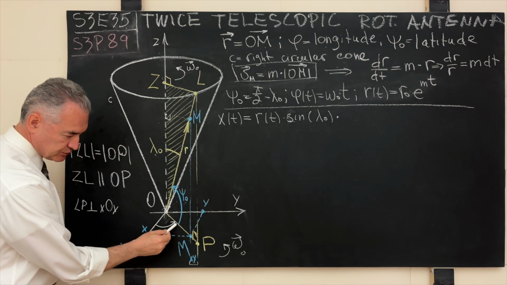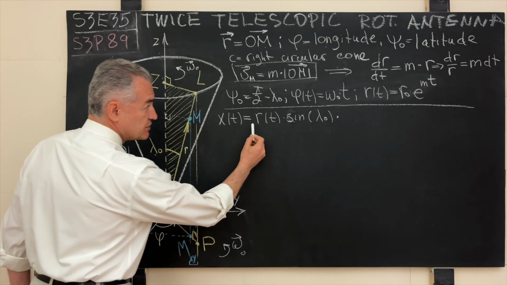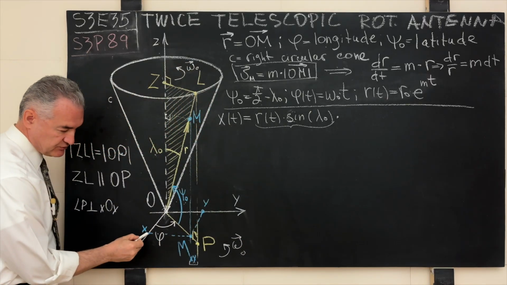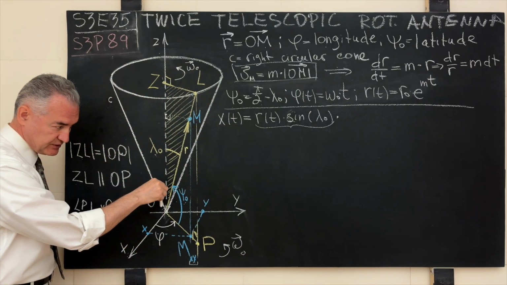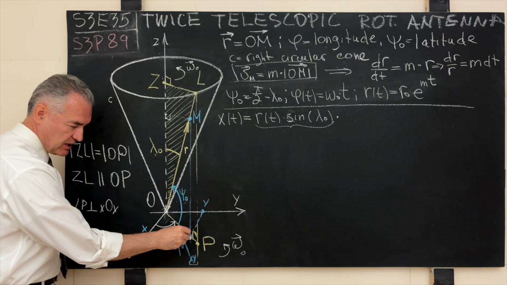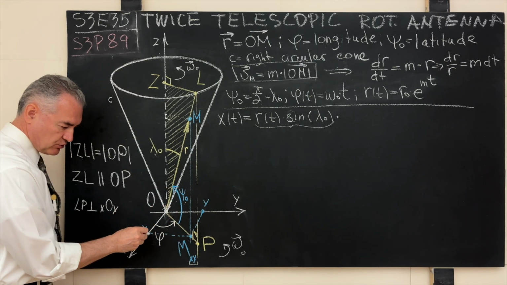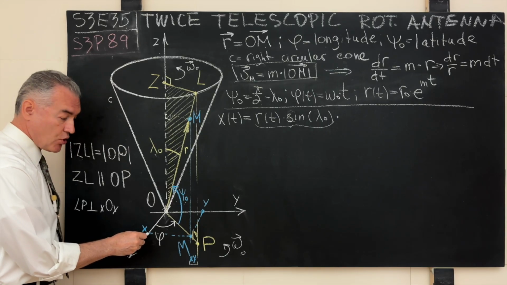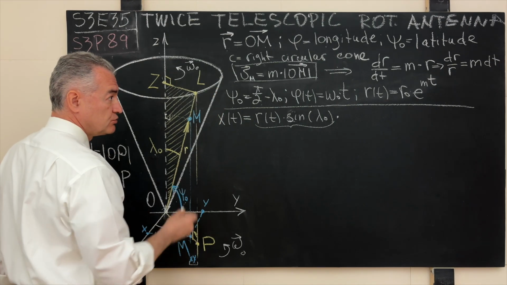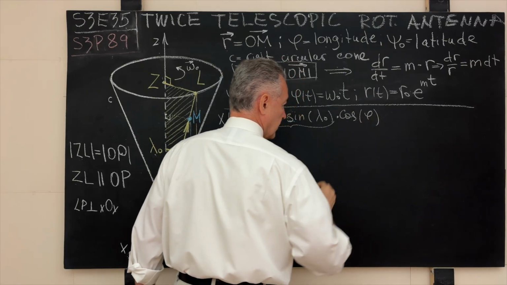For the x coordinate, we also need to multiply the length of the line segment OM_xy, which is this magnitude right here, times what? If you look down onto this coordinate system, this will be our favorite x, y coordinate system. And here, the point, let's say M_xy, rotates counterclockwise about the origin. So what is the value of the coordinate x? Times the cosine of the dihedral angle phi, or the longitude of the point, times the cosine of phi.